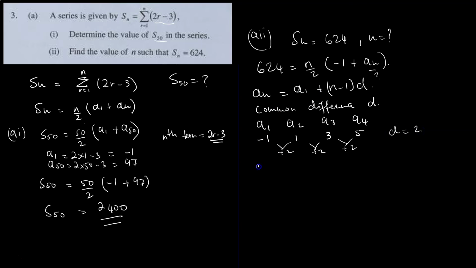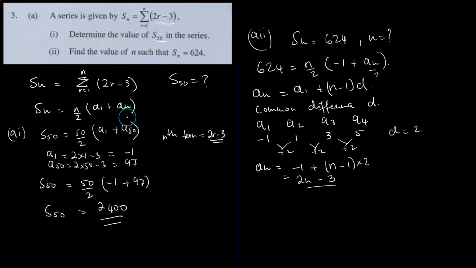Let's put that in. So we get an equals a1, which is -1, plus (n minus 1) times 2. If you work this out and rearrange, you will get 2n minus 3. So that's your an.